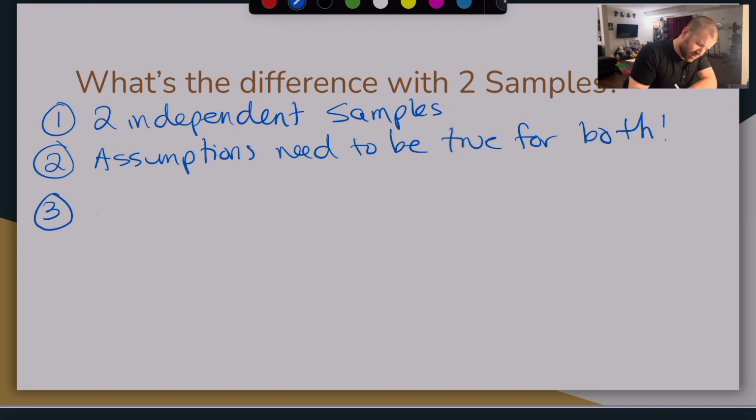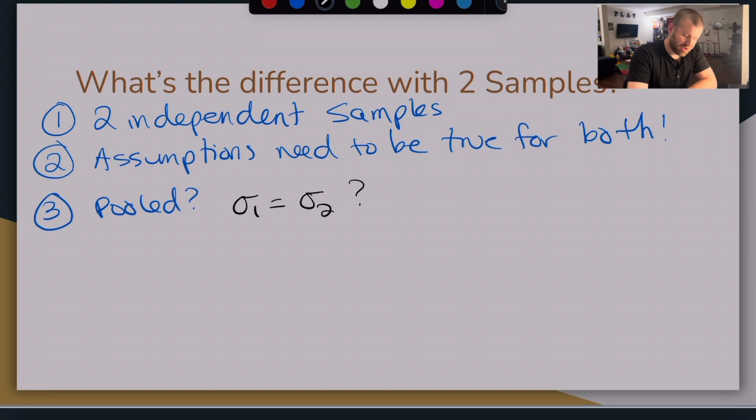And the last thing is we have to answer that question of, do we have a pooled variance in this case? Are we assuming that the first population standard deviation is equal to the second one?